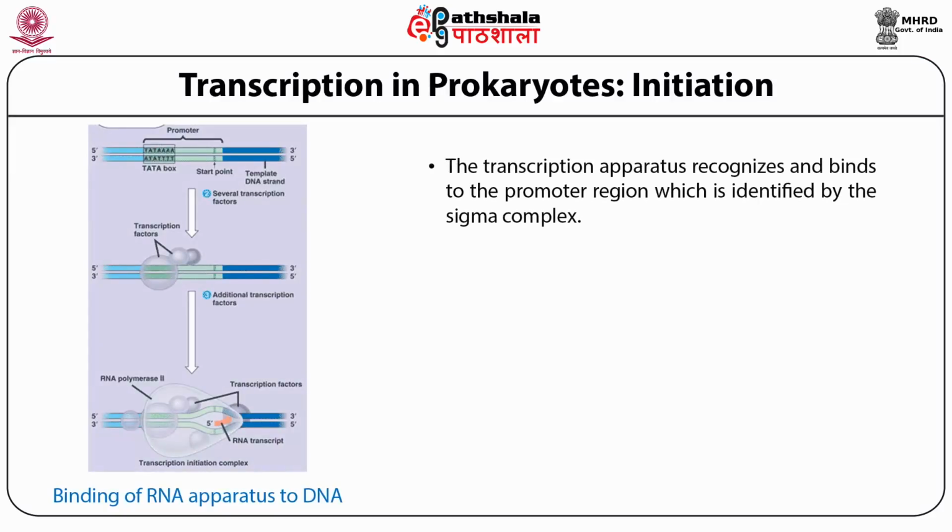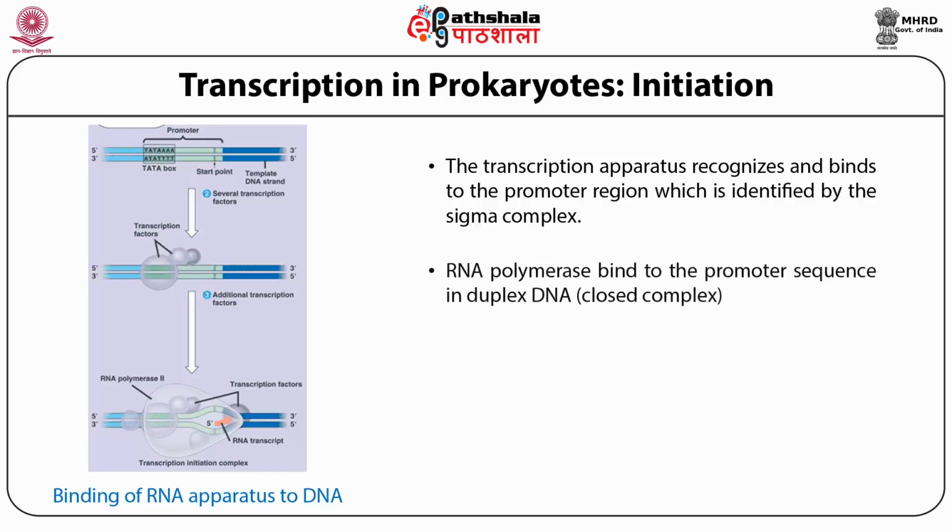The transcription apparatus recognizes and binds to the promoter region, which is identified by the sigma complex. RNA polymerase binds to the promoter sequence in duplex DNA or closed complex.